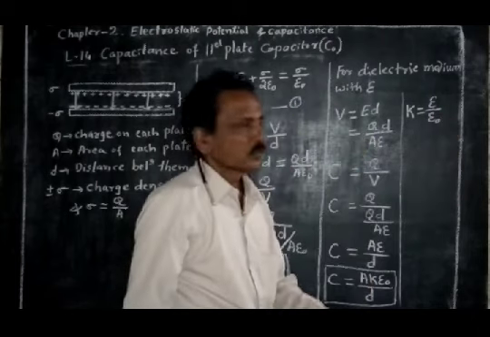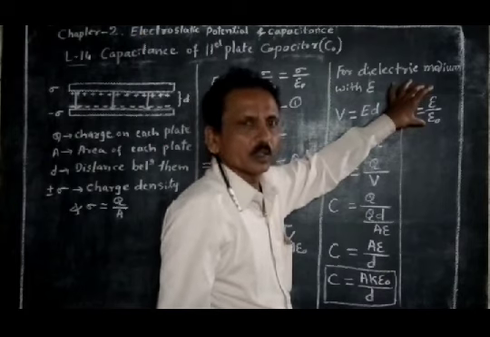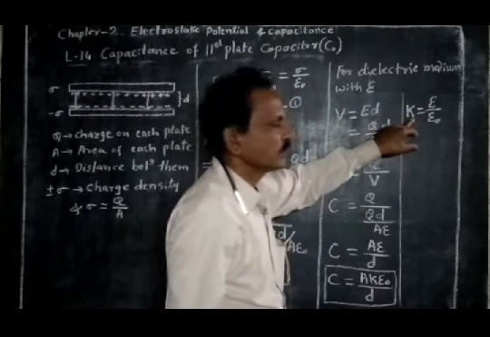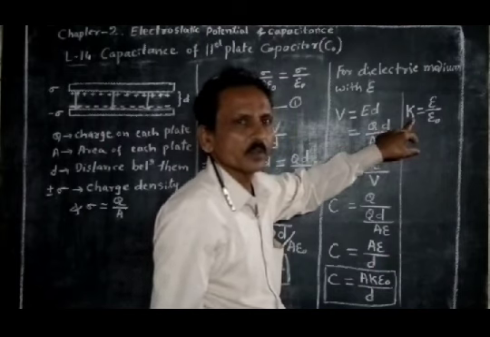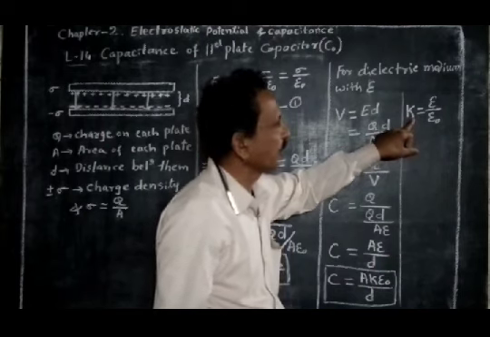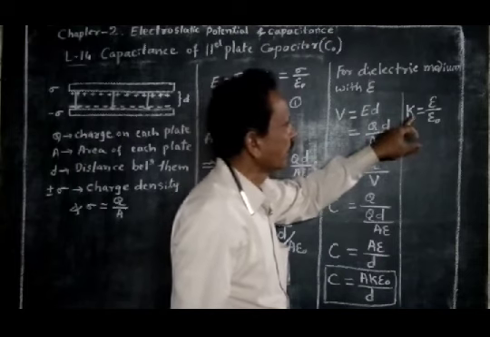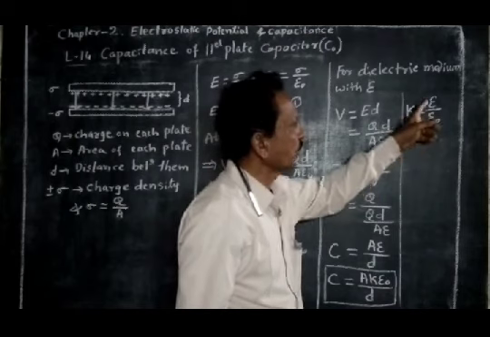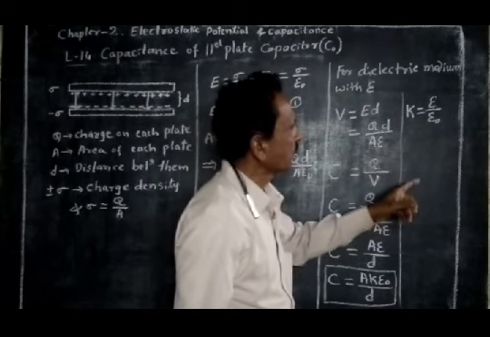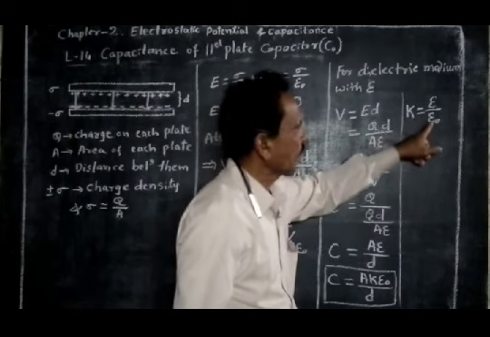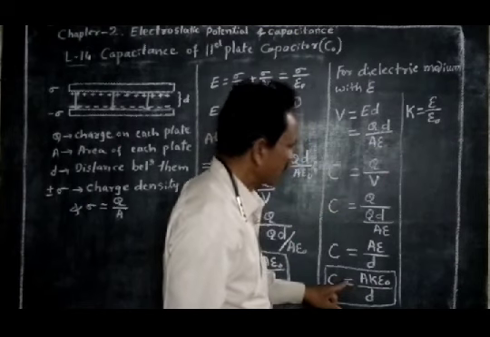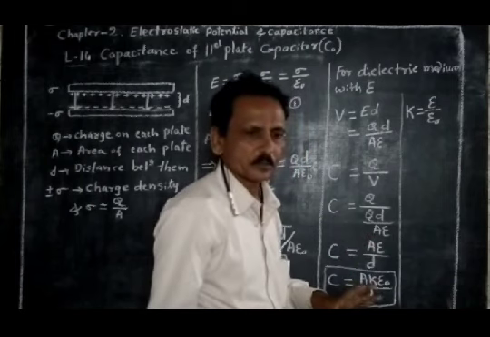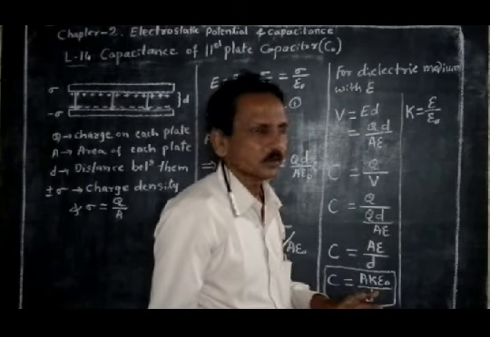In the first chapter we explained that K is the dielectric constant or relative permittivity, K equal to epsilon upon epsilon naught. Hence epsilon equal to K epsilon naught. Hence C equal to A K epsilon naught upon D. Clear?